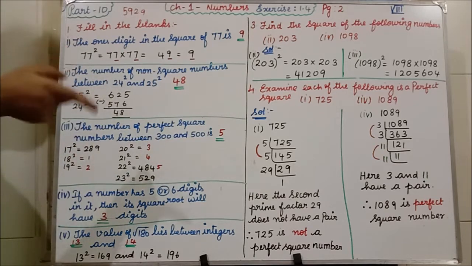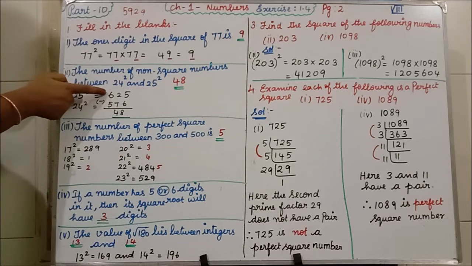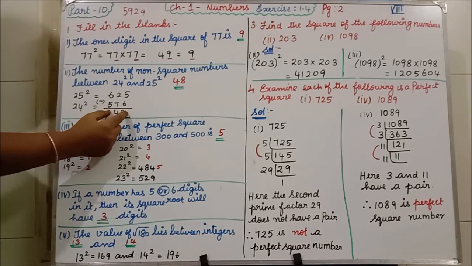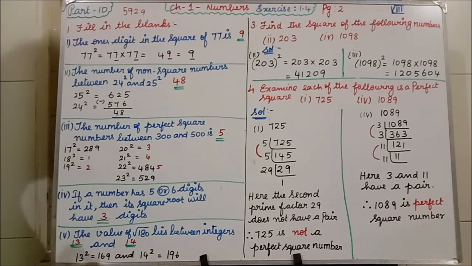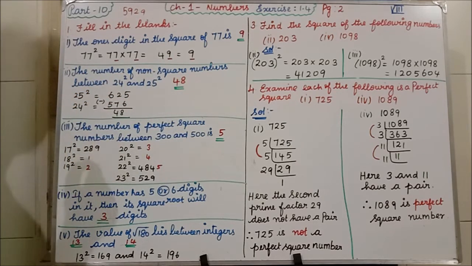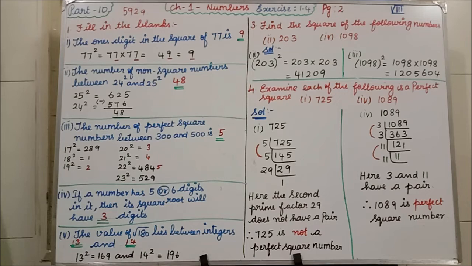They were asking in between 24 square and 25 square, so we have to subtract both answers. So what do we get? 48. There are 48 non-square numbers in between 24 square and 25 square. Clear? The answer we get when subtracting is the answer. 48 is the answer.